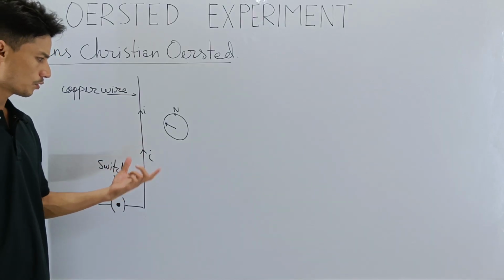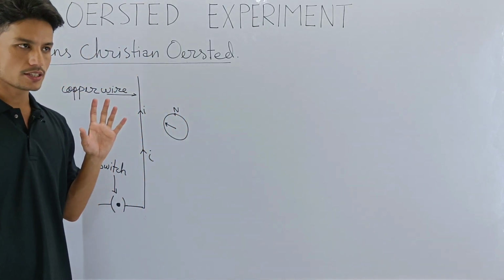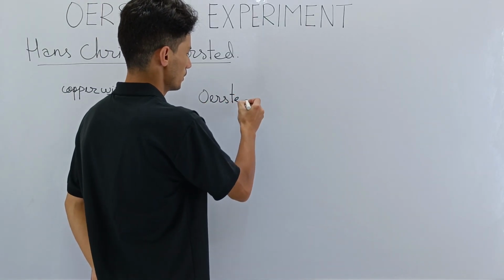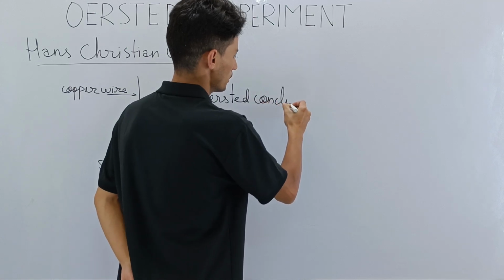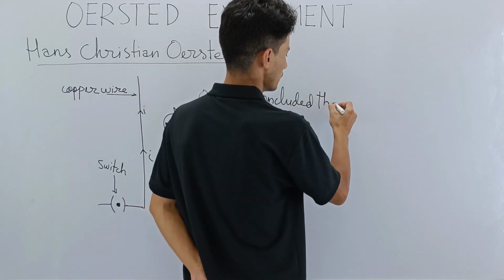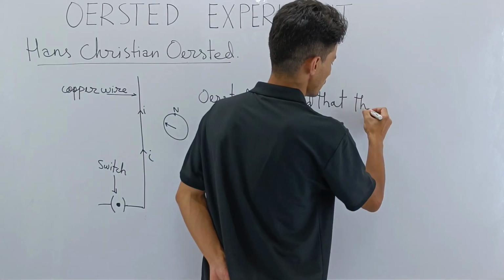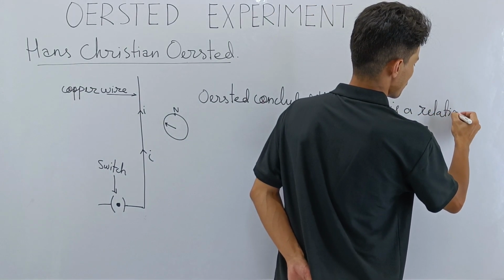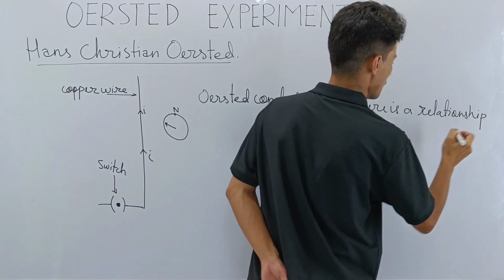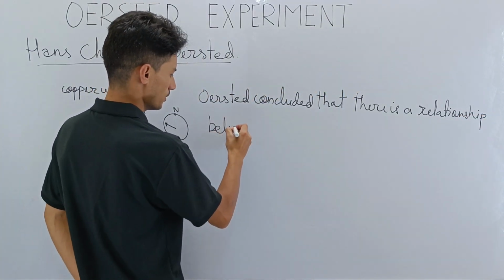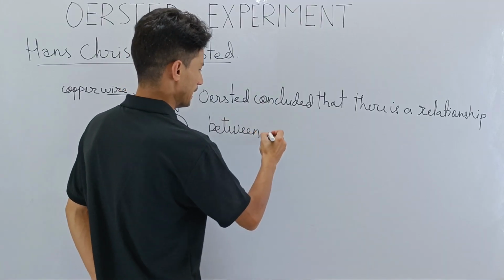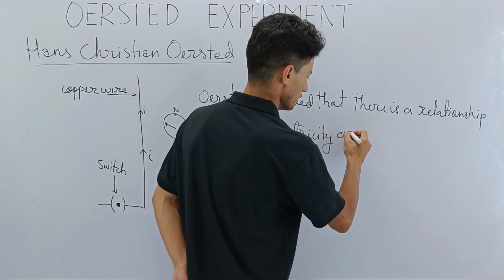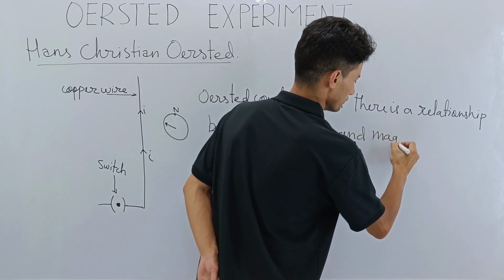Okay. So now coming back to Oersted. Oersted concluded that there is a relationship between electricity and magnetism.